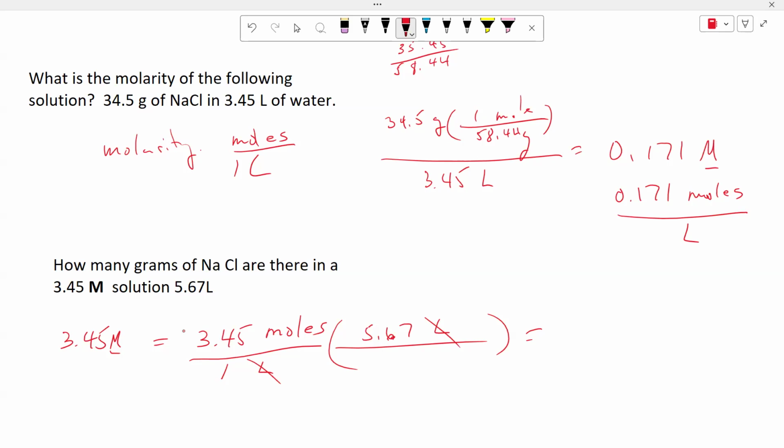Okay, so let's do this calculation. 345 times 567. Okay, so it gives us 23 moles of... 19 points. How did we get 23?